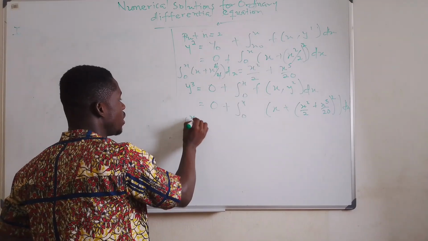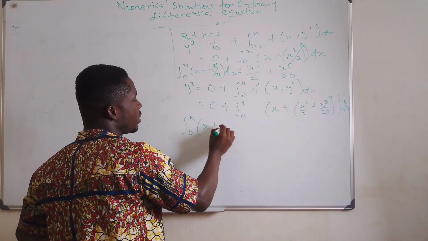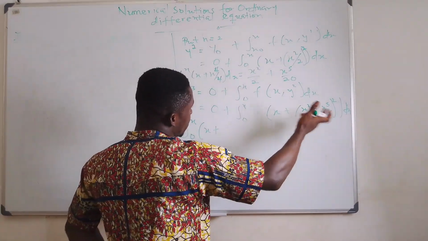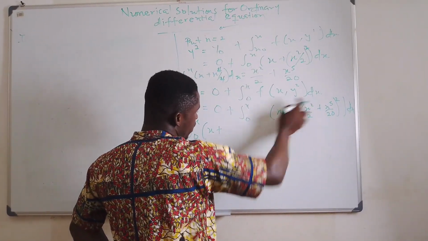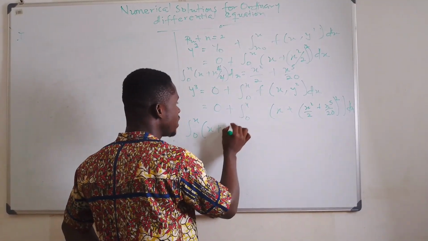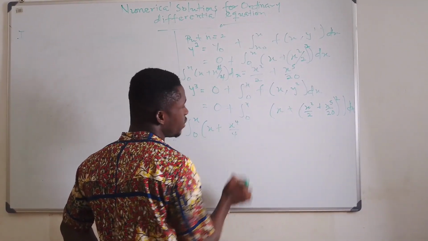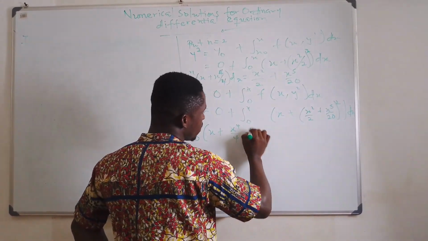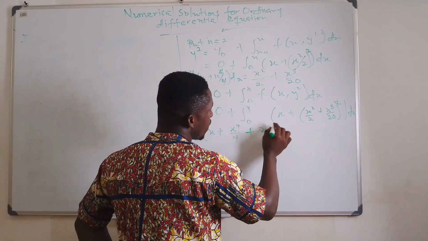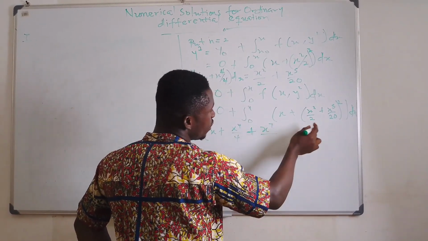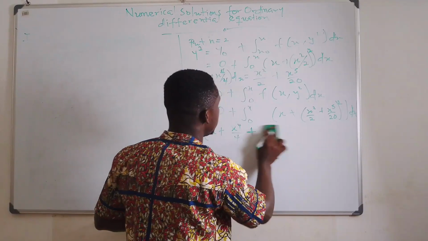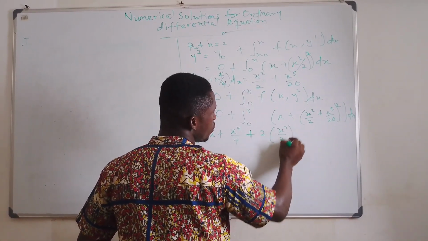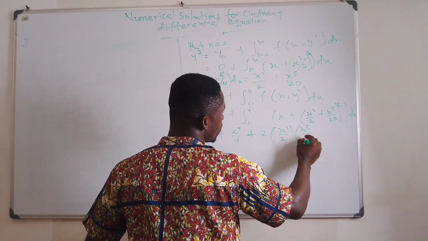So if we integrate x plus, first of all, if you are using the quadratic format, x squared here will be all squared. So it will be x power 4 on 4 plus the 2 will multiply all throughout, so you get x power 7 all over, let me do it this way, 2 multiplying x squared on 2 and x power 5 on 20.